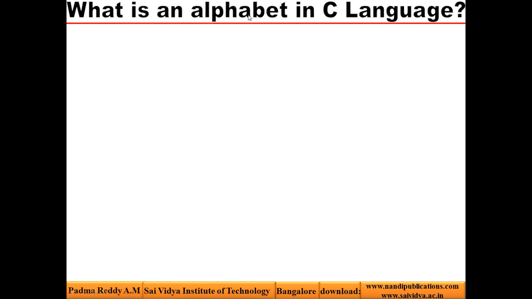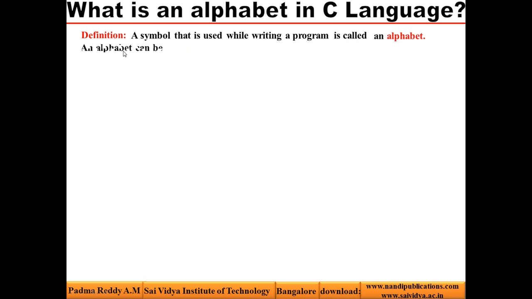Now we see what an alphabet is in C language. Let us look into the definition. A symbol that is used while writing a program is called an alphabet. An alphabet can be a letter.